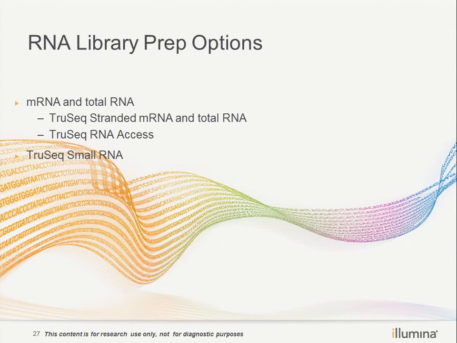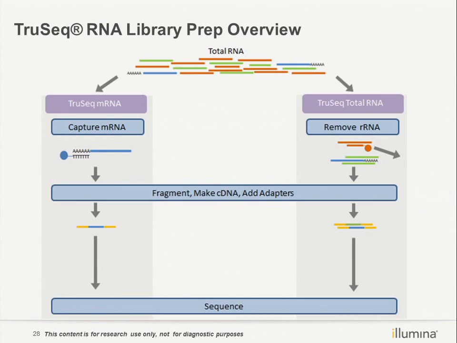So for the RNA library preparation products, we have a very large family of products, from messenger RNA to total RNA, small RNA, and even some targeted RNA when you customize your own panel. So let's start from the mRNA and the total RNA. We provide different ways to prepare the libraries.